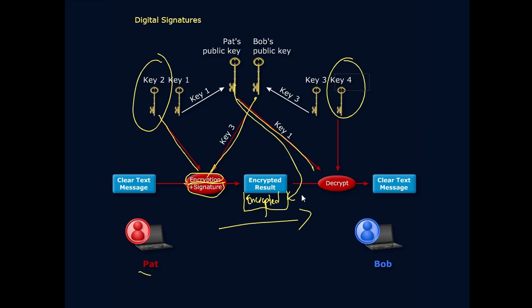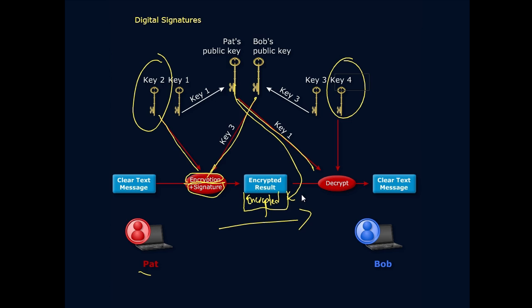Now, this is a key pair. Remember, key 1 and 2 are a key pair. If it was encrypted by key 2, it can only be decrypted by key 1. So that means I know this message has come from Pat if I can decrypt it with Pat's public key.